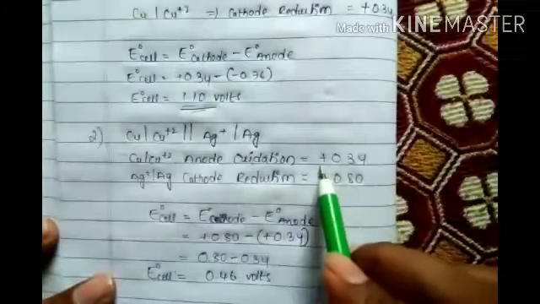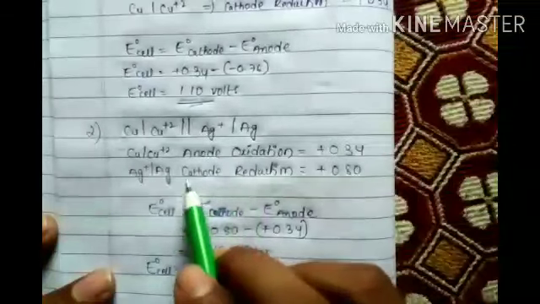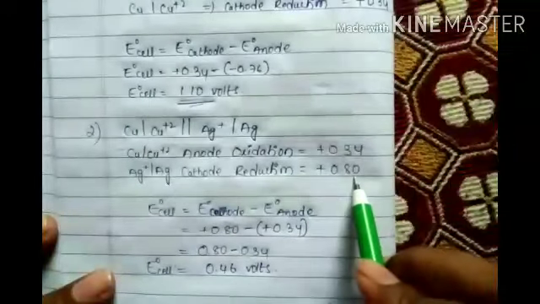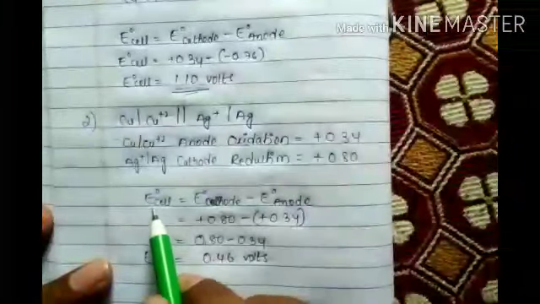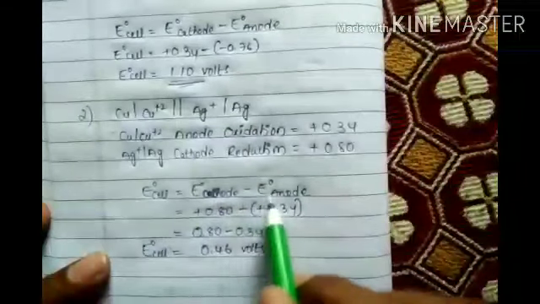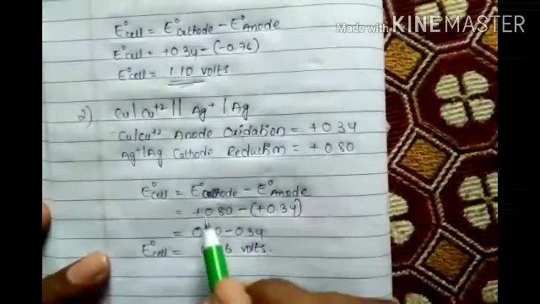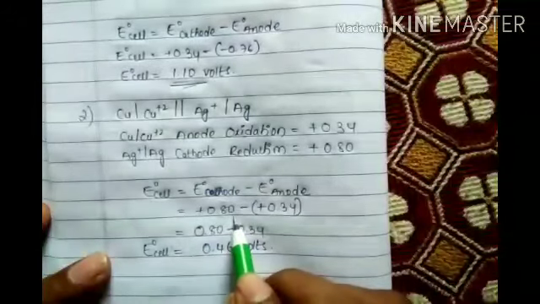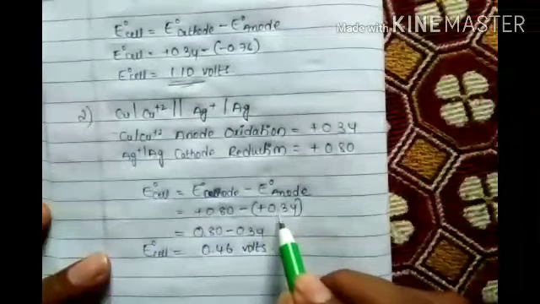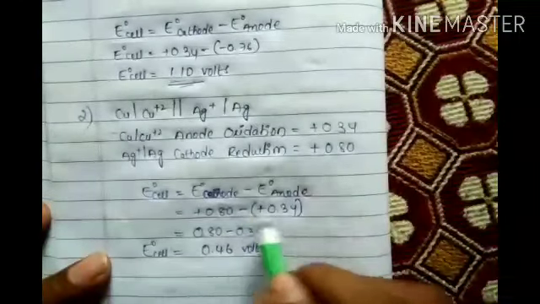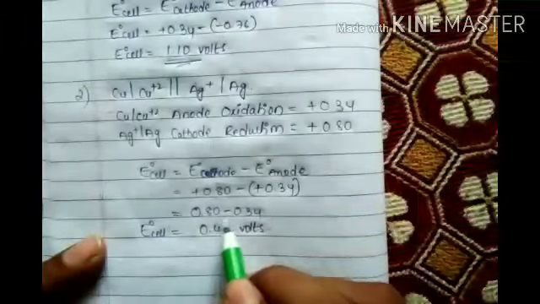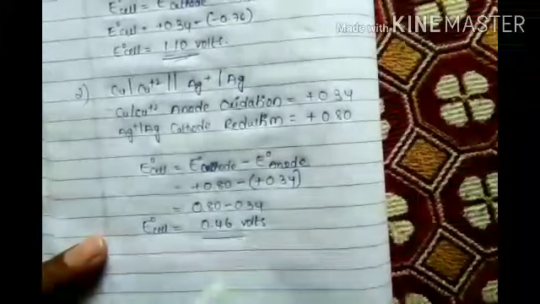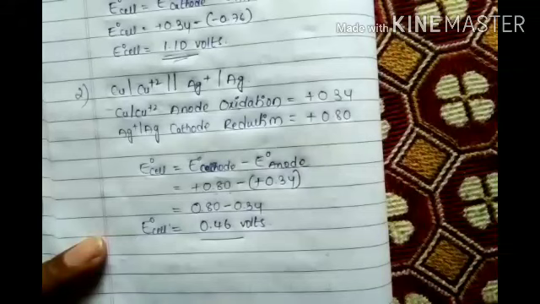Anode is 0.34, the cathode is 0.80. Both are positive. Now E cell equals cathode minus anode. Cathode 0.80, anode is plus 0.34. So 0.80 minus 0.34. Finally, the answer is 0.46 volts.